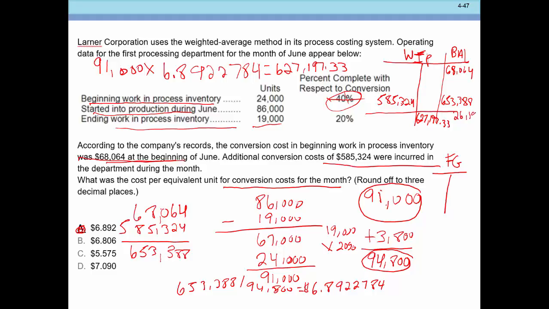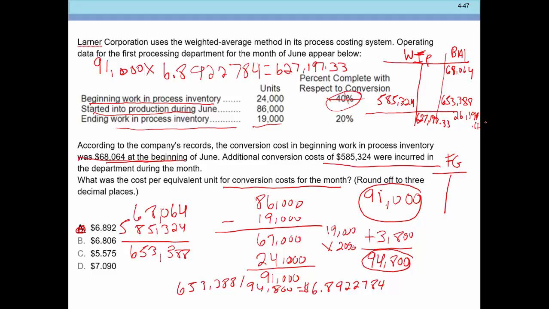Does someone want to check my math, or am I not doing my math here? 191.67. I got 190.67, but if you want to make it 191.67. Right?